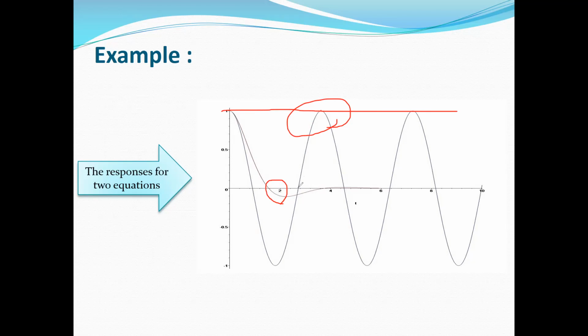And this is the effect of the damping terms, as you can see. After this initial condition, it starts from 1, because x at t equal to 0 for both cases was equal to 1. So it starts from x equal to 1, but before 6 seconds, you can see that the amplitude for the first equation is 0.